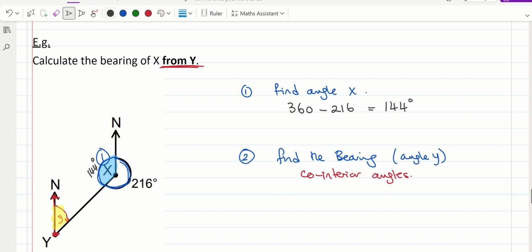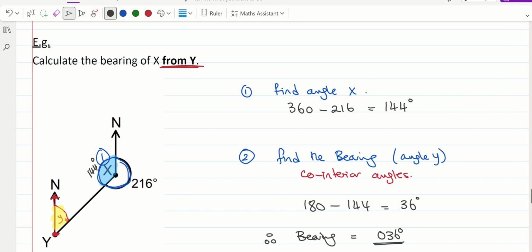And therefore, I am going to do 180, because they add up to 180, minus 144. And that's going to give us 36 degrees. Therefore, if I'm going to give it as a bearing, it has to be in 3 digits, 036 degrees.